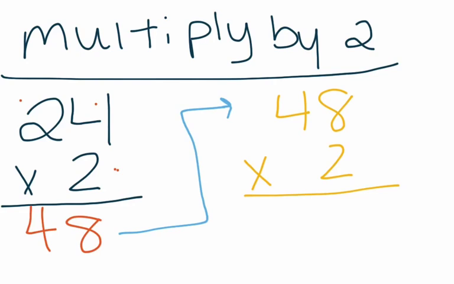And I see that 8 times 2 is 16. Put down that 6 and carry the group of 10. 4 times 2 is 8, plus 1 at the top is 9. So 48 doubled is 96.